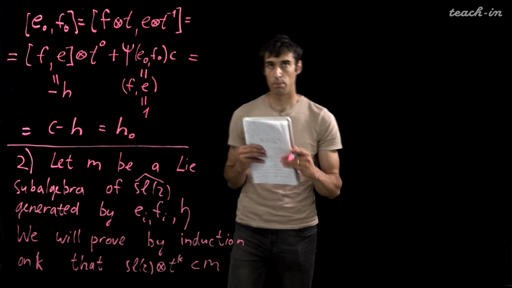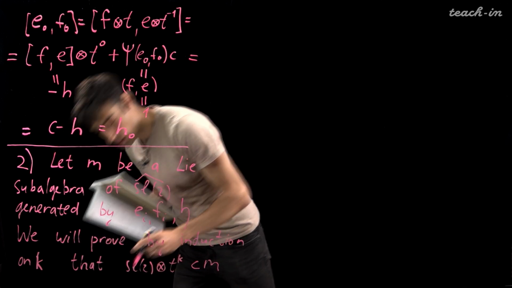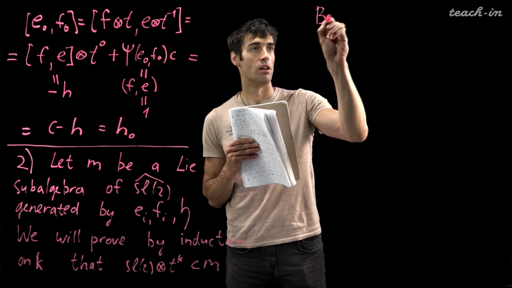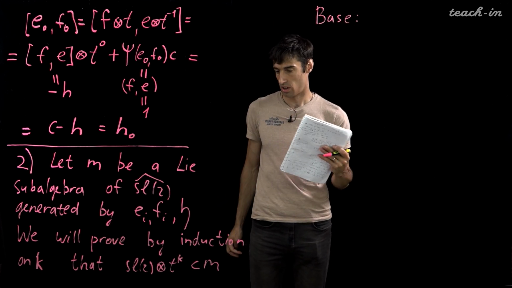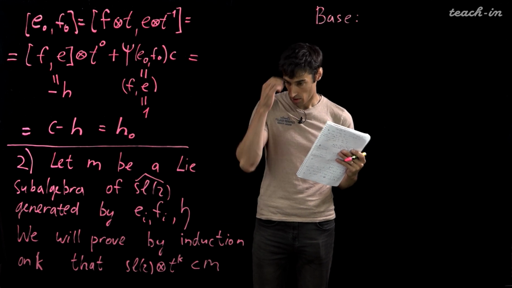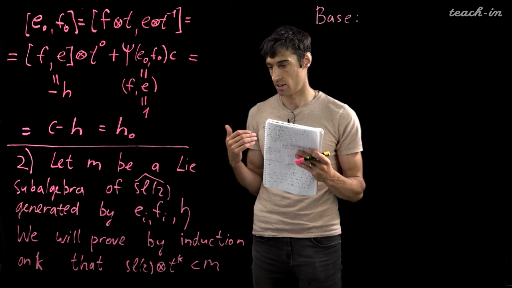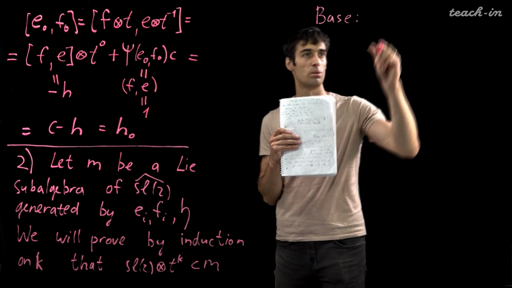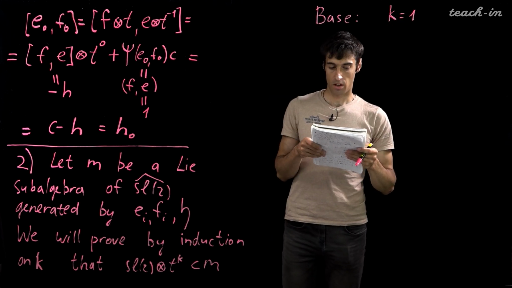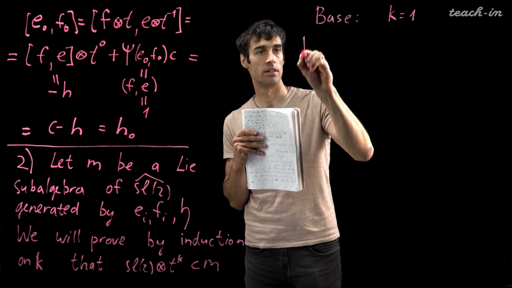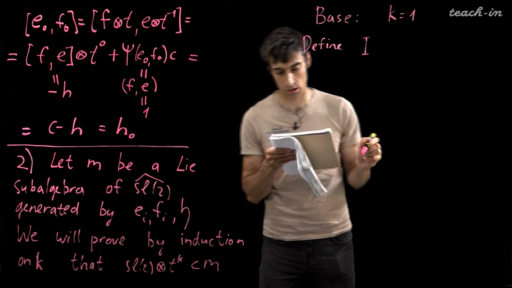Okay, so base of induction. Of course you can take K equals 0, but then with the step of induction that I have, this base will not work. So I need to take K equals 1. Very well, and I define the following set in SL2.